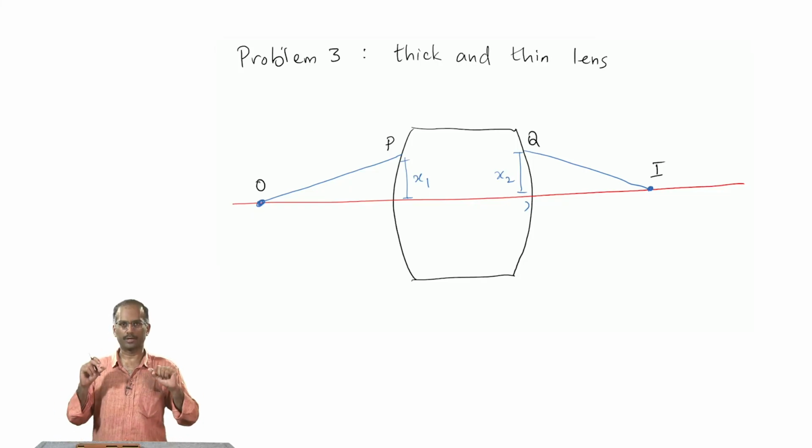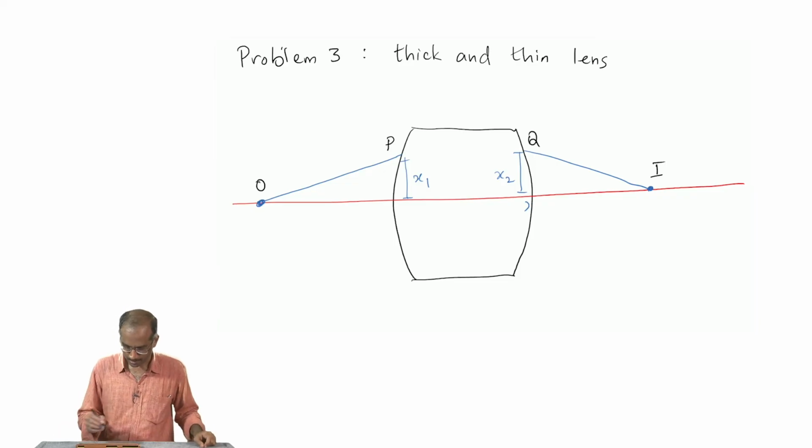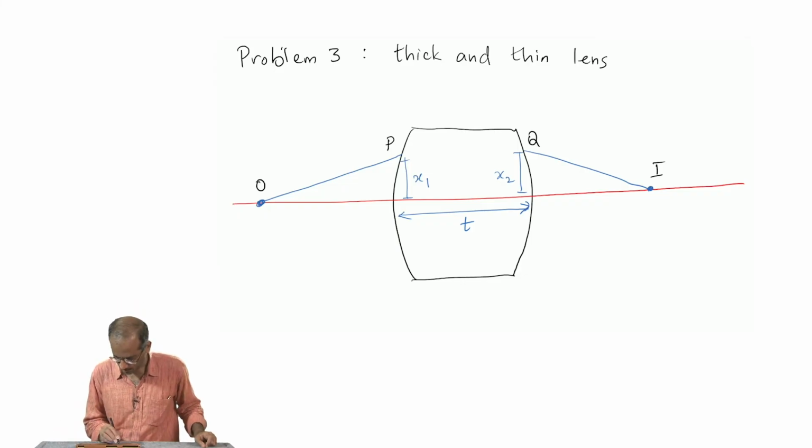x1 and x2 are of course the distances or the heights with respect to the axis, which is shown as red line here, and the thickness of the lens is this quantity, which I will call T. Further, I need to define these distances d1 and d2.